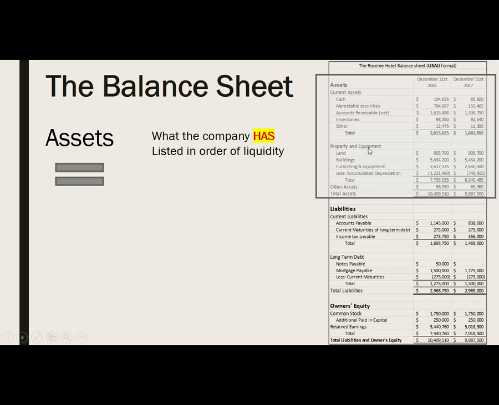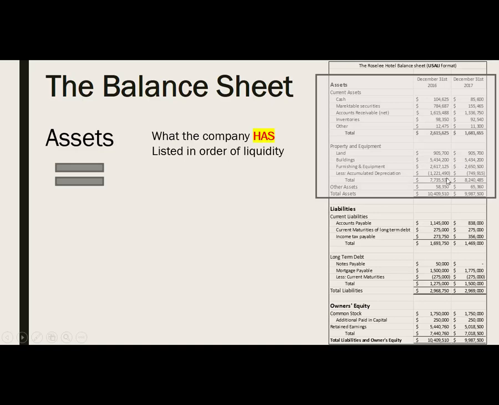Your property and equipment. So these would be your long-term assets that can't really be counted on for cash value. Notice depreciation here as well. Companies have to reduce the value of their assets as they get used up. So the asset depreciates by period, on the income statement as an expense.